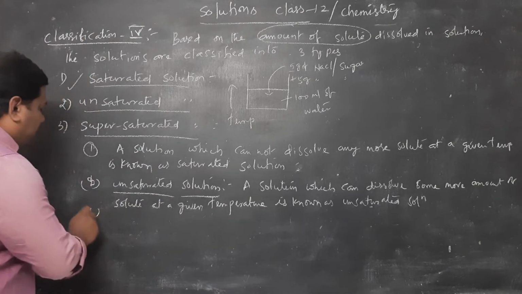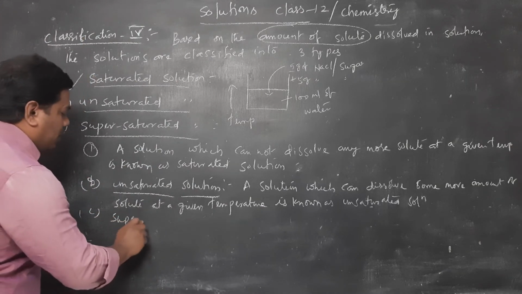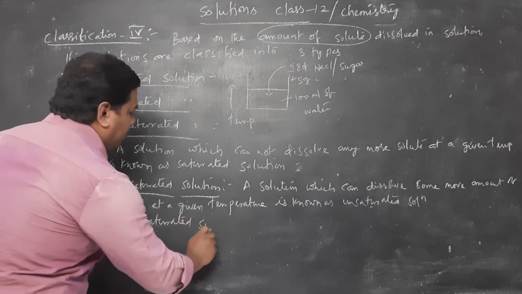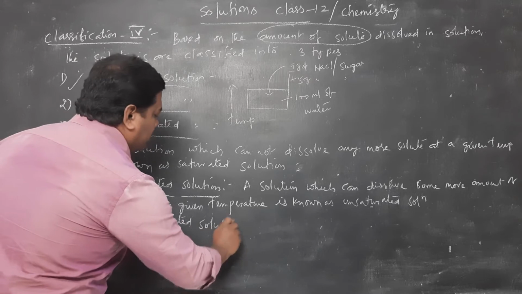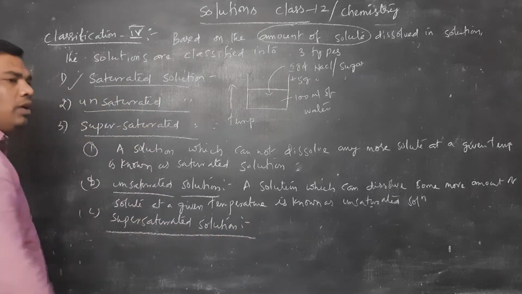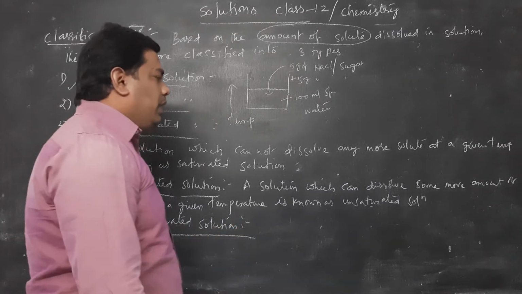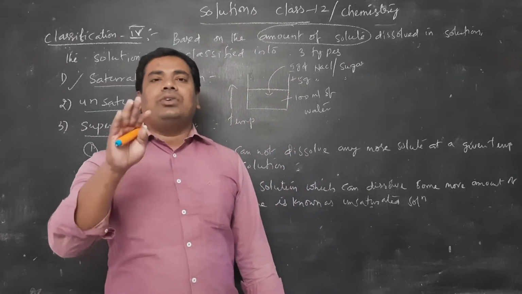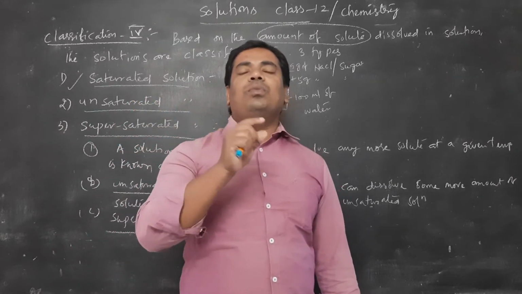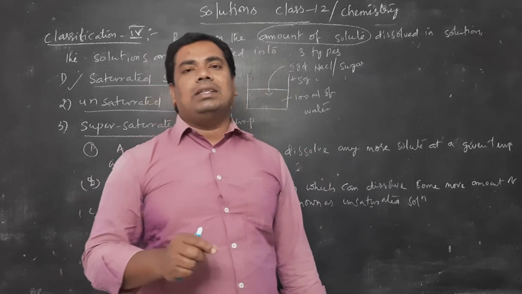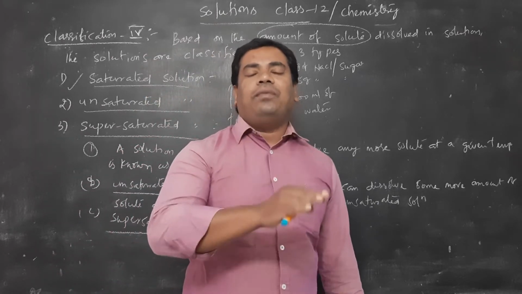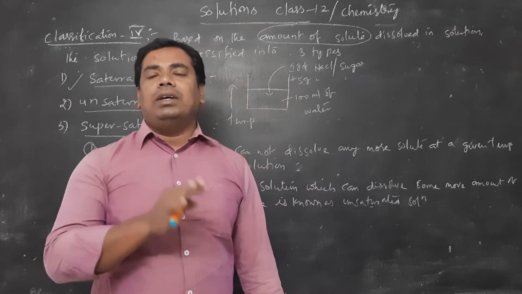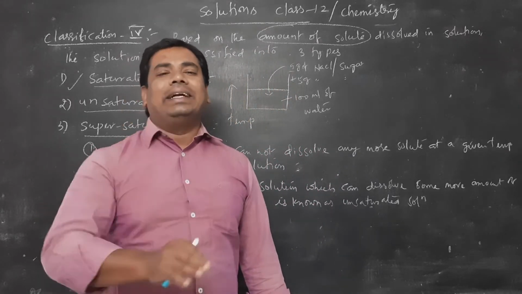Then the third one is supersaturated solution. Supersaturated solution means that at the saturated level, a few more solute particles are left over or remain in undissolved form in the solution when we decrease the temperature.